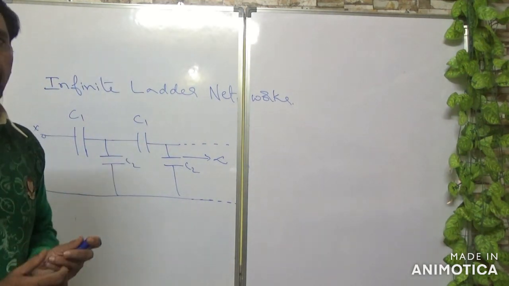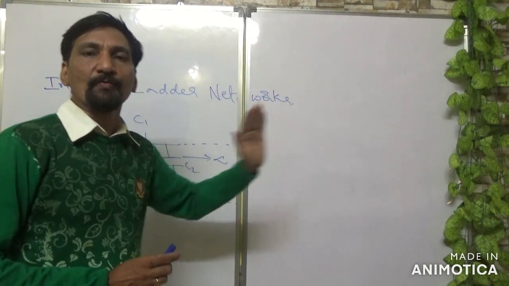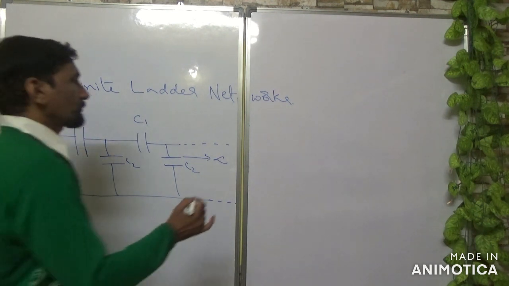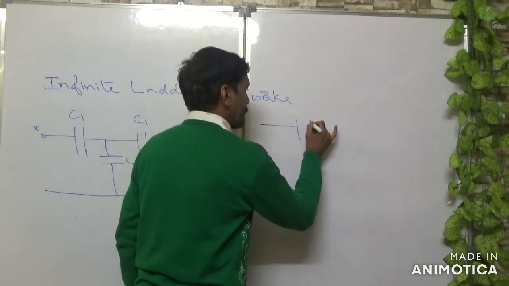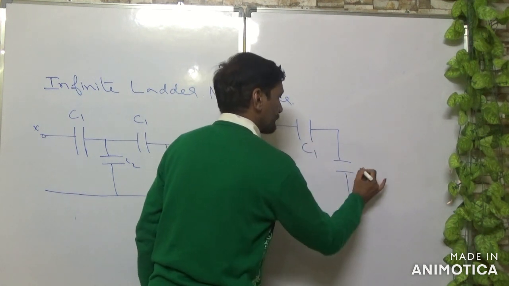Very simple. The same capacitors are repeated. So what we are supposed to do: first you take this first loop. Only the first loop I am taking.